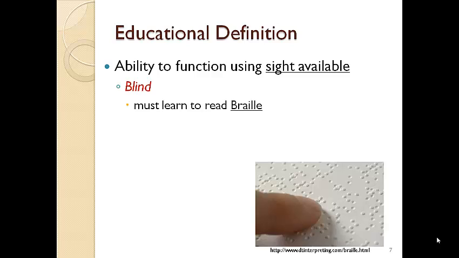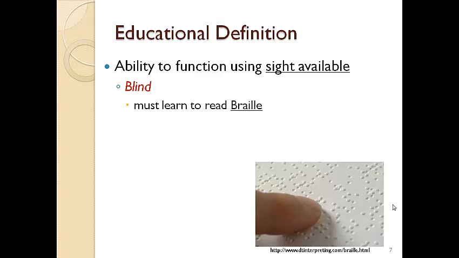And for those of you who are not familiar with what Braille is, here in this picture you can see an example. These are basically dots that are raised on paper, and people who are blind can use their fingers to read the alphabets or the sentences.